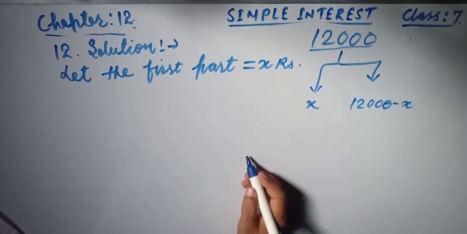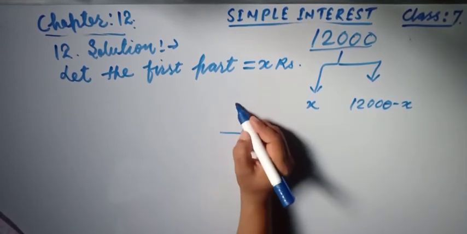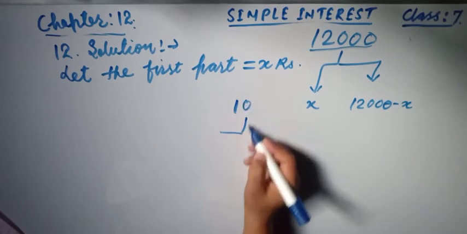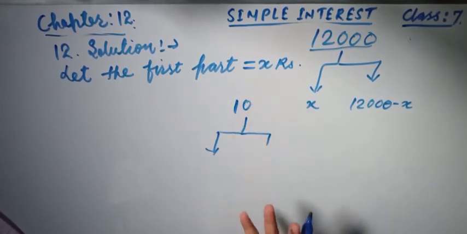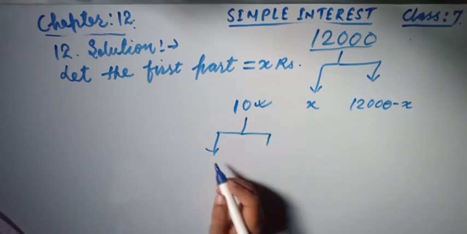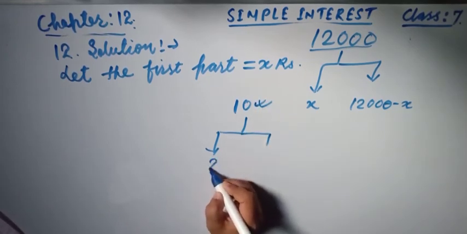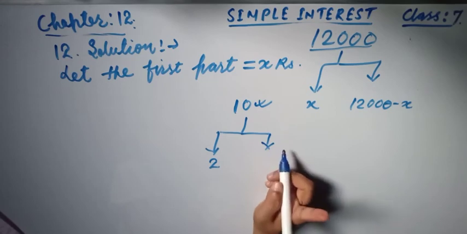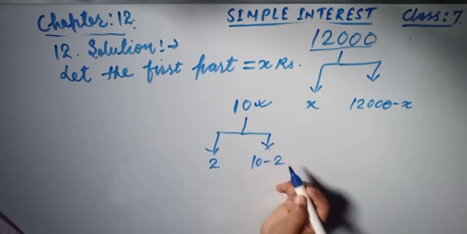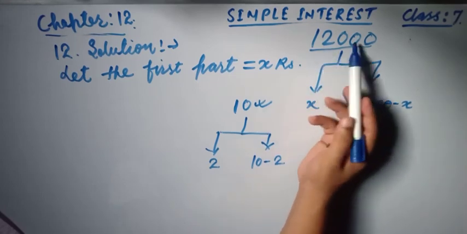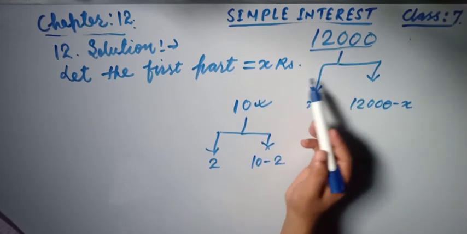Why, friends? Suppose for example the total amount is 10 rupees. Now we are going to divide this amount in 2 parts. Suppose the first part is 2 rupees, then the other part you will say is 8. So how does 8 come, friends? 10 minus 2. Same here, 12,000 is going to be divided into 2 parts.